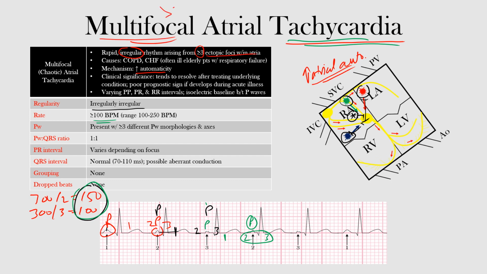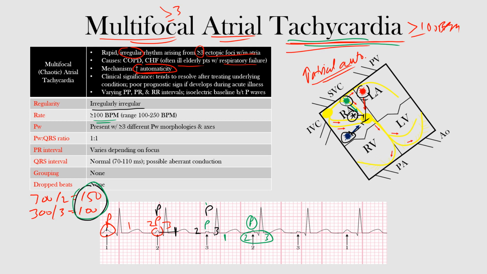Multifocal, at least 3 or more, arising from the atria, and a fast rate, okay, above or equal to 100 beats per minute. Some of the causes include COPD and CHF exacerbation. Remember, it's often elderly patients that we tend to see this in that have some sort of respiratory failure. All these contributing factors result in an increase in automaticity in the atria, okay? And because of that, this is why we get this rhythm.